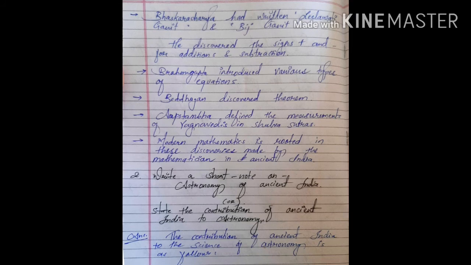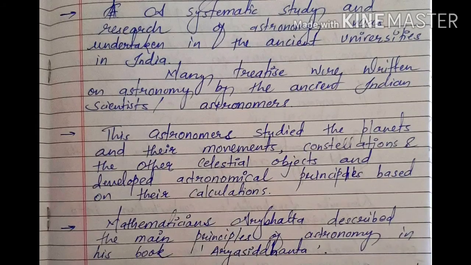Second question: write a short note on astronomy of ancient India, or state the contribution of ancient India to astronomy. The contribution of ancient India to the science of astronomy is as follows. A systematic study and research of astronomy was undertaken in the ancient universities in India.